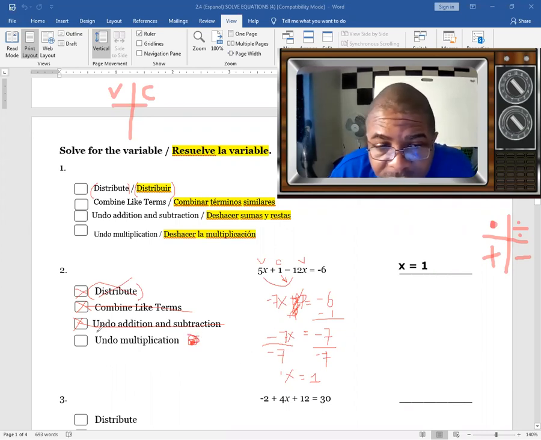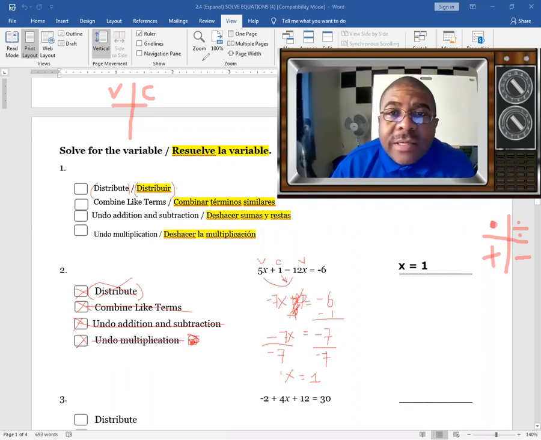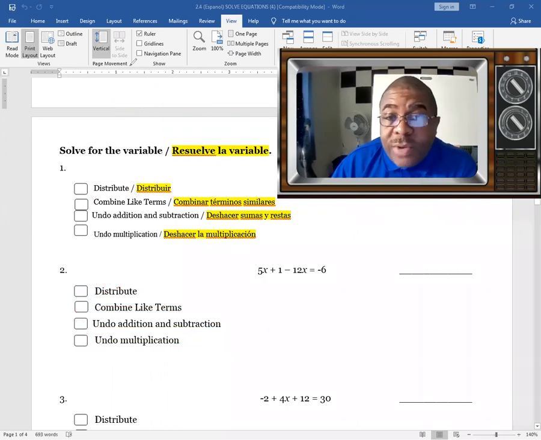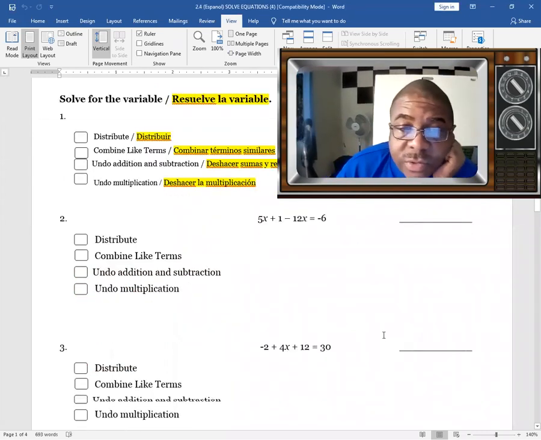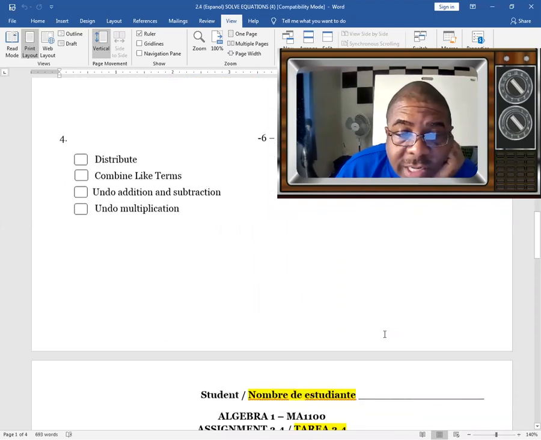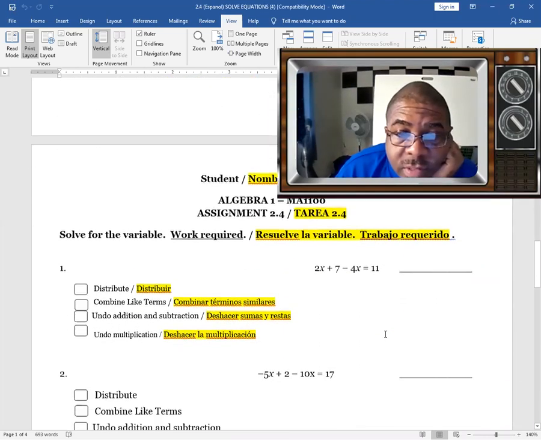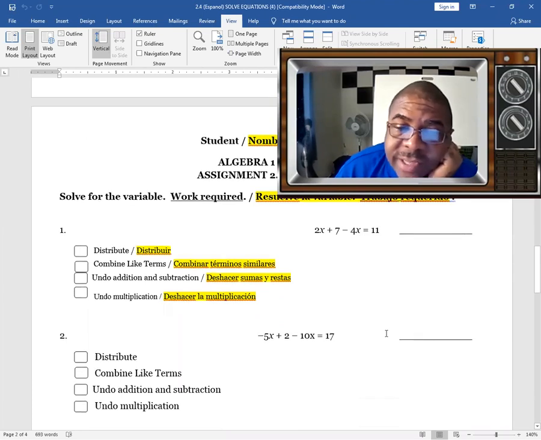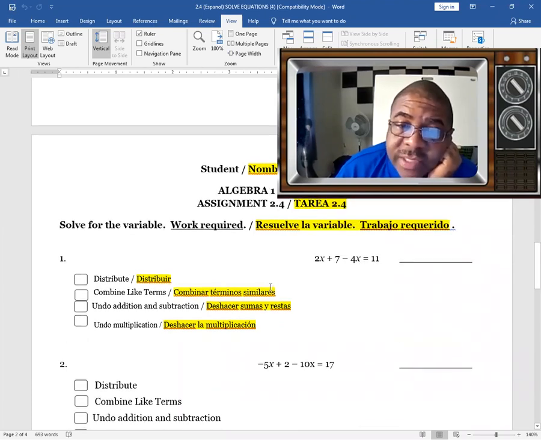By doing division. So we did that too. Good catch. Excellent. So what you have to do is you are going to be doing problems that look like this. And it's the same process. You're just going to follow along.